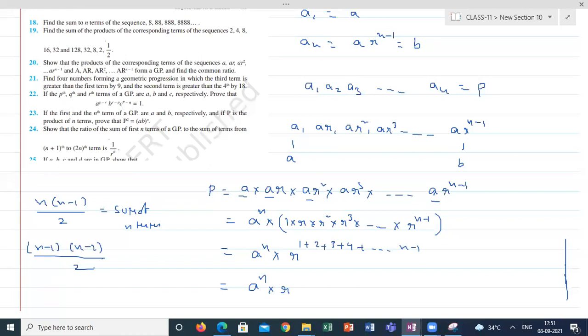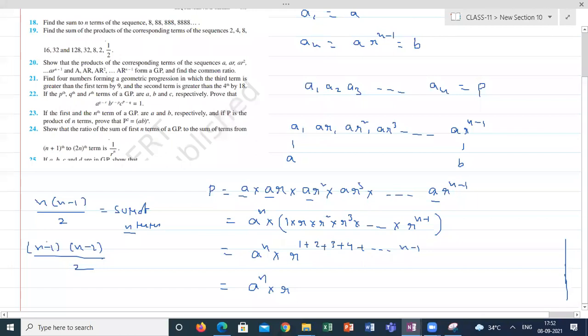Or apply the Sn formula. What is the Sn formula, guys, if you know the first and last term? Is it right, 1 plus 2 plus 3 plus 4 and so on, where the common difference is 1, and the sum of n terms? No, this is not the correct formula. The sum of n terms is n into n plus 1 by 2.